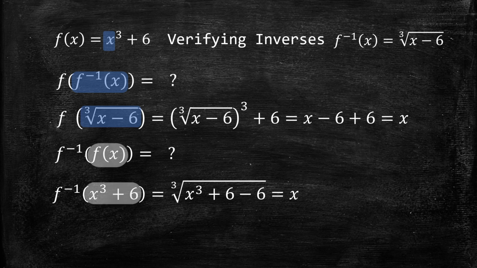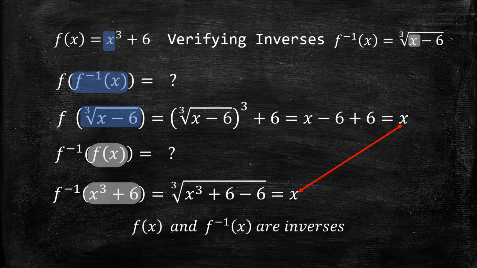So this is f of x, and we replace it in x in f inverse of x. Keep in mind, after we simplify the 6 and negative 6, we got x. So we got x in both of them. Therefore, the two expressions we have are inverses.